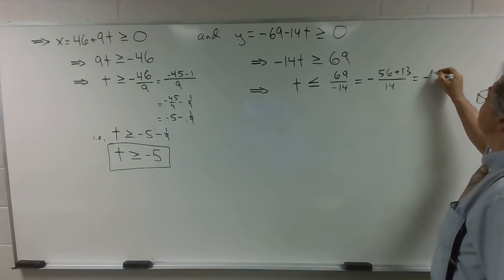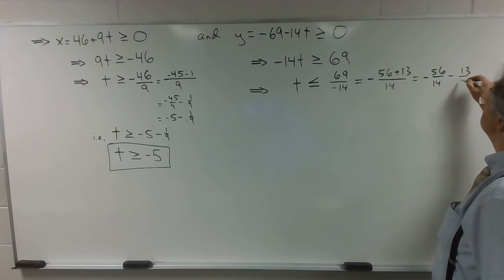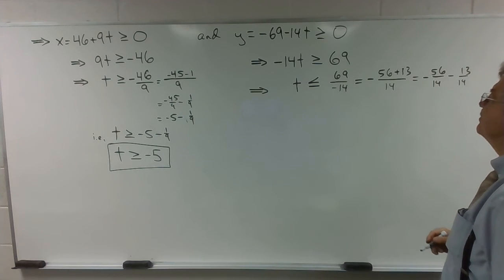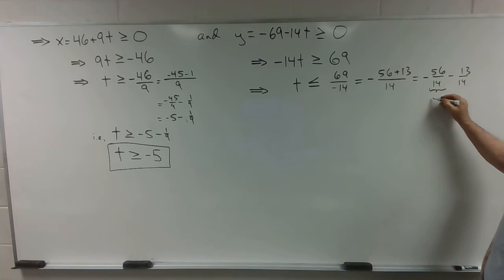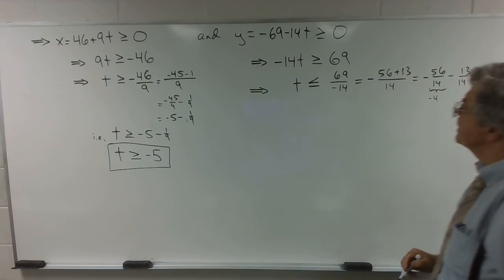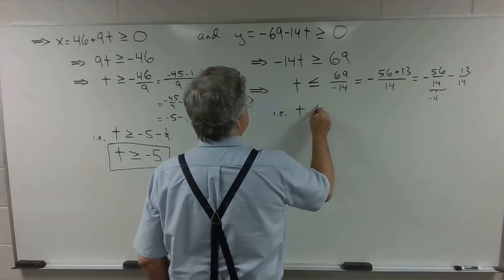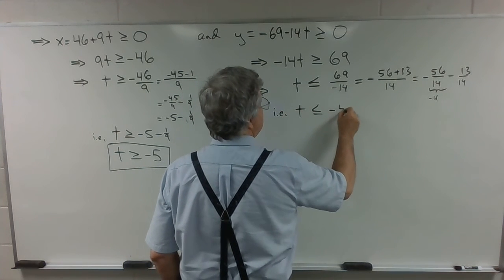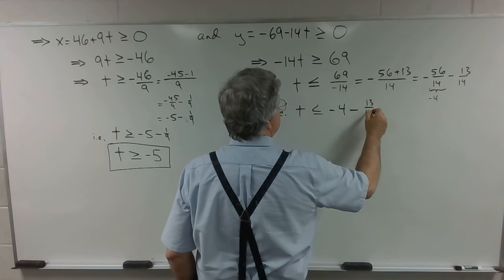So negative 56 over 14 minus 13 over 14. See, this is negative 4, isn't it? So t is less than or equal to negative 4 minus 13/14.